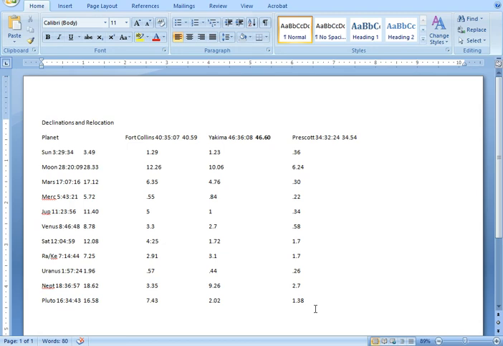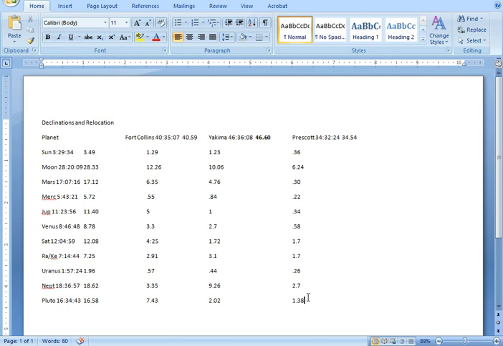However, if you're living in a place where all the planets or a lot of the planets are really close in their declinations, you've got really strong influences. And that means the place is going to give you so many opportunities for any outlet of any planet you want.